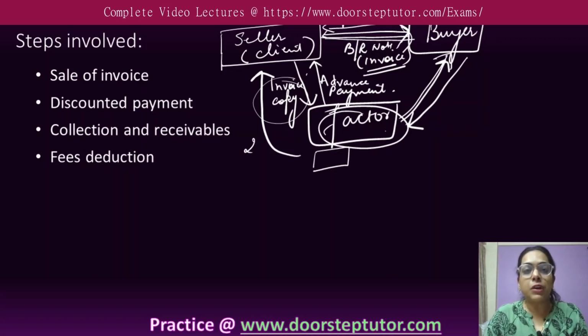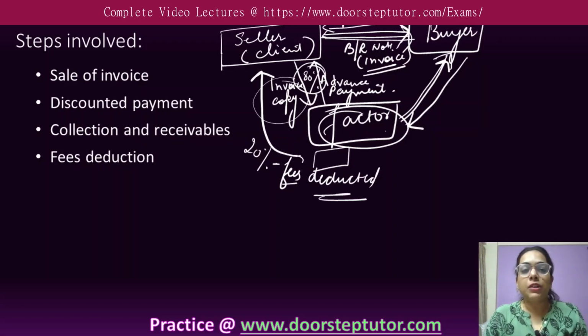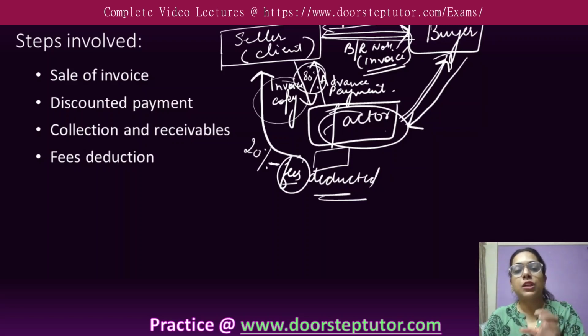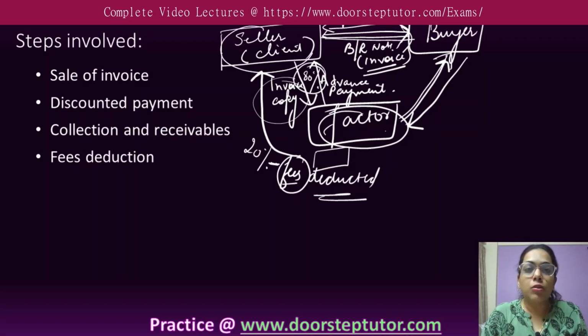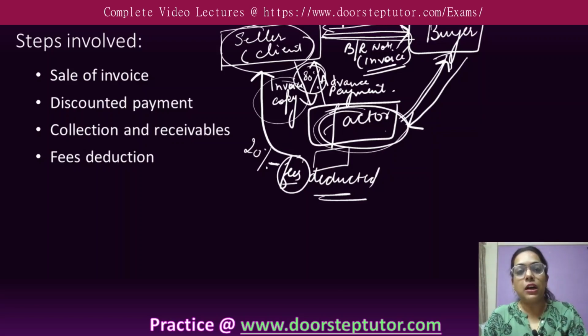Suppose earlier 80% is given to the seller, and at the maturity date the remaining 20% will be given, less the fees deducted by the factor. So the seller will get all the money excluding the fees or commission charged by the factor. These are the steps involved in the process of factoring.